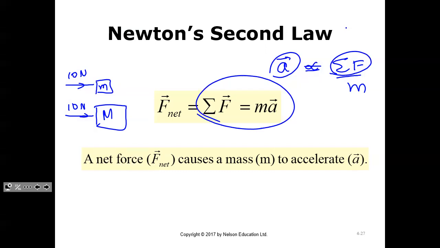Force is needed only to change the velocity. If the velocity is 0, it will remain 0 as long as it wants, unless a non-zero net force acts upon it. Similarly, an object can have, say, a 10 meter per second velocity forever. It doesn't need a force to sustain that velocity. It will just keep that velocity.